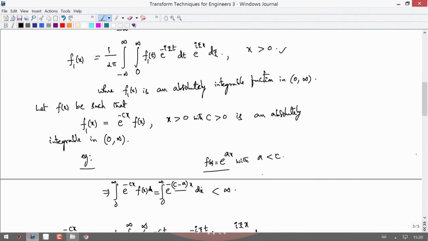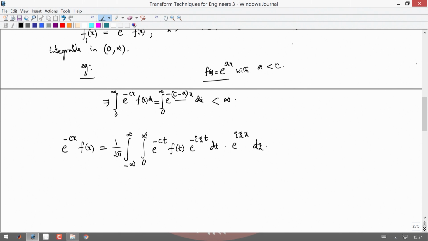This is what I get if I substitute. So, where is this valid? For x positive side.